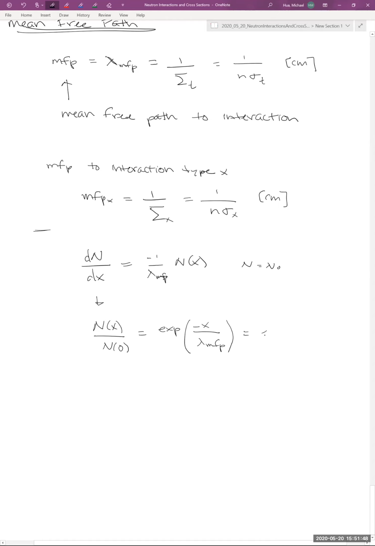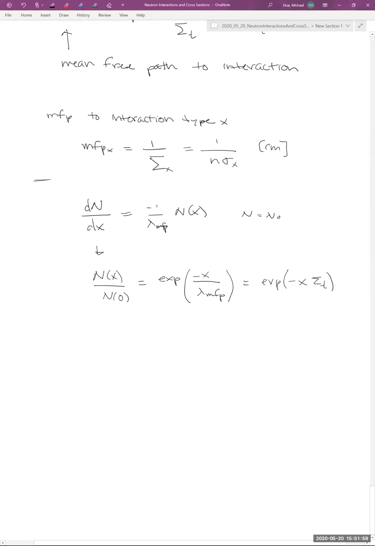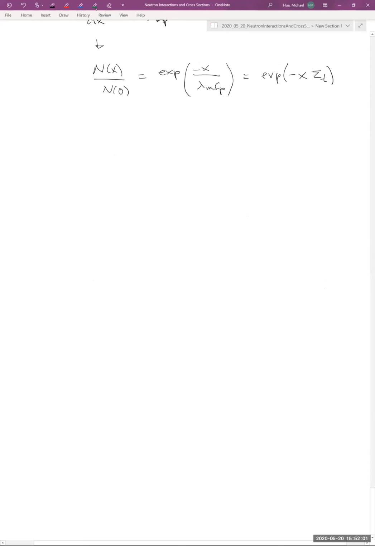And we can rewrite this as the exponent of depth times the total macroscopic cross-section. So what we really need is just this equation.